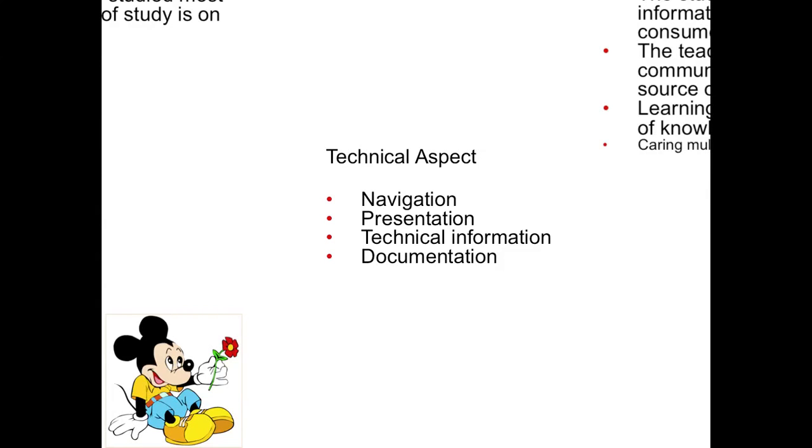Okay, so again, when you want to choose educational software, think about behavioralism, constructivism, and technical aspect. These are just a checkpoint. So check these and if you give a good score on that software, then definitely you can choose that.